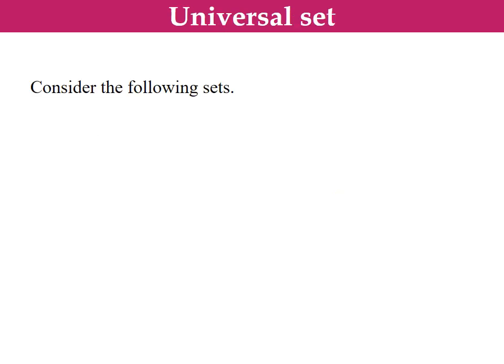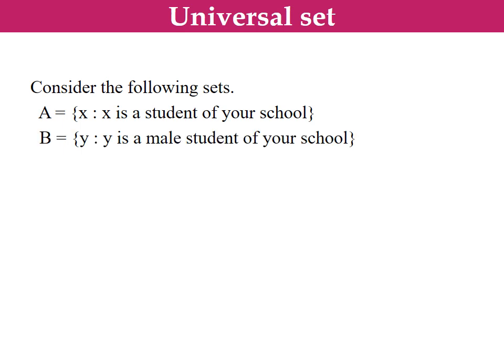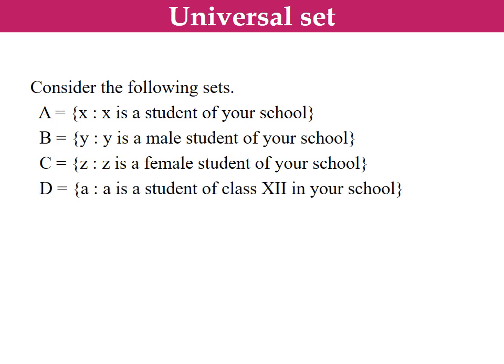Next one is universal set. Consider the following sets. A is equal to the set of X where X is a student of your school. B indicates Y where Y is a male student of your school. And take the set C, the set of all Z such that Z is a female student of your school.